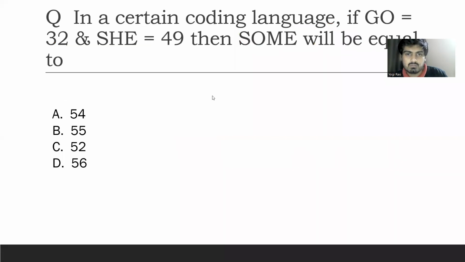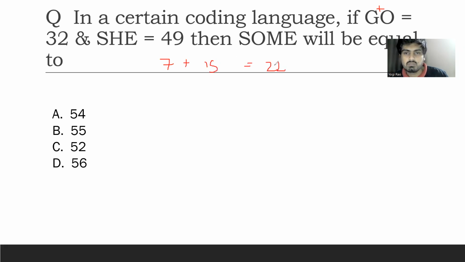Coming to the next question. Here, in a certain coding language, if GO is 32 and CT is 49, then what will SUM be equal to? First of all, in this type of question, we will check the addition of the alphabet numbers. If G is 7 and O is 15, it will be 15 plus 7, 22.